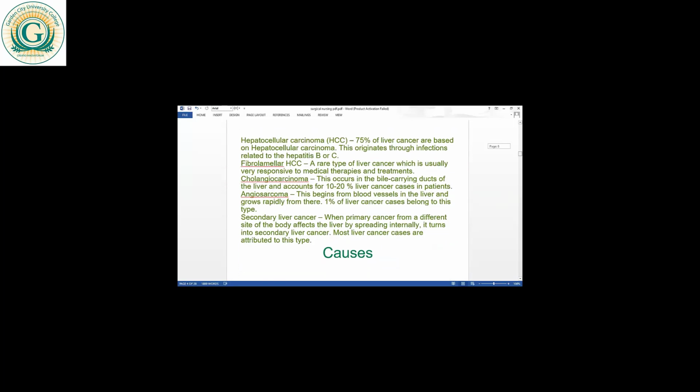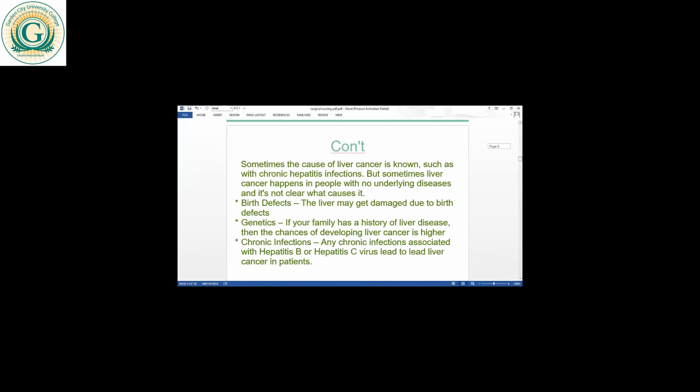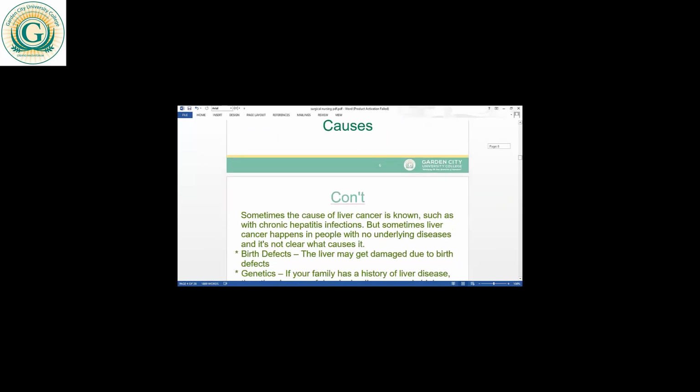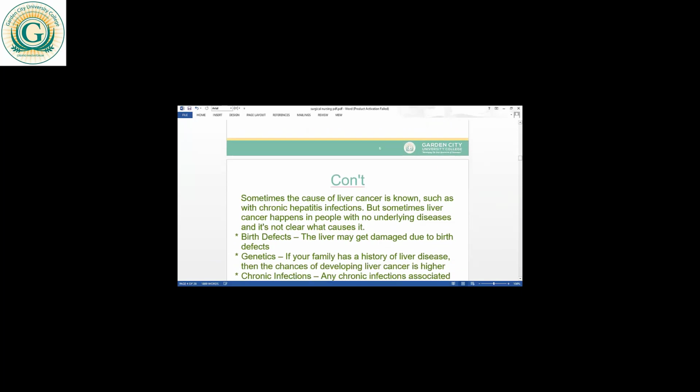So we then move on to the causes. Sometimes the cause of liver cancer is unknown, such as with chronic hepatitis infections. But sometimes liver cancer happens in people with no underlying diseases, and it's not clear what causes these liver cancers.